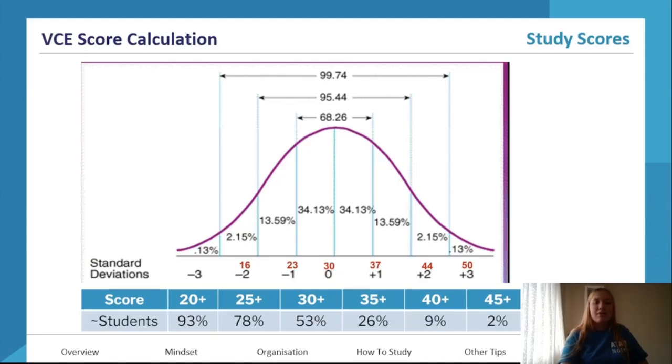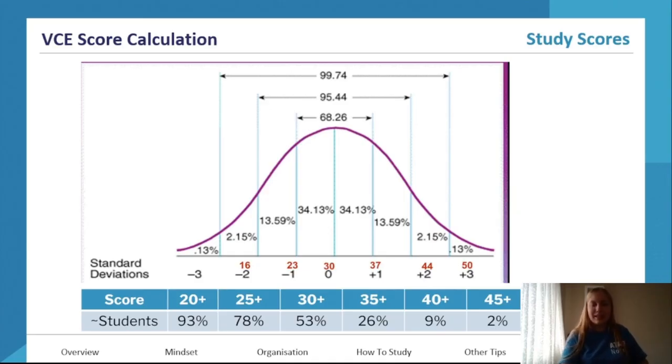Then only around 53% of students will score more than 30 as their study score for a particular subject. Then 35 plus is only about 26%. So if you get a study score of 35, you're likely to be in the top 25% for that subject. So you beat 75% of students.